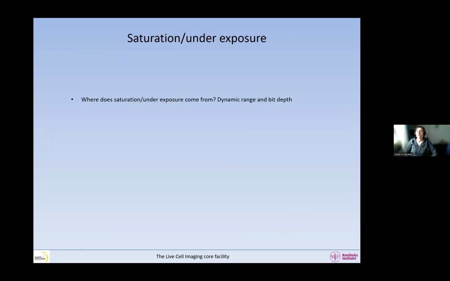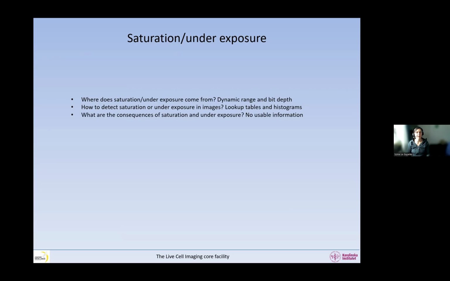So where do saturation and underexposure come from? Well, they come from the dynamic range and the bit depth. And how can we detect them? This is the outline of the little lecture today. How can we detect saturation and underexposure? We have the lookup tables and the histograms, so I will explain that.